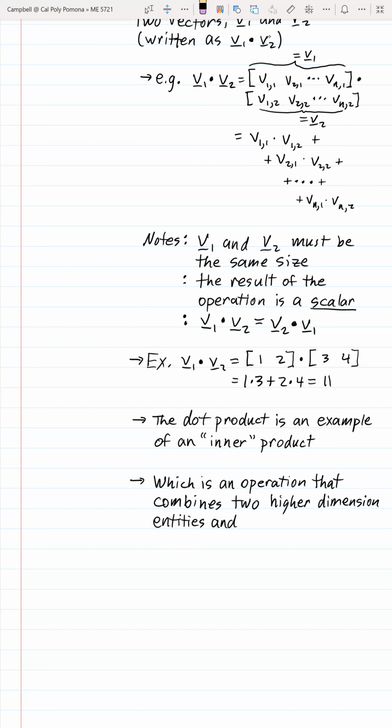So understand that here we're starting to touch on concepts that even go a bit outside of linear algebra.